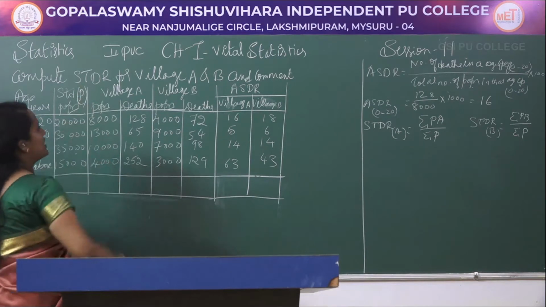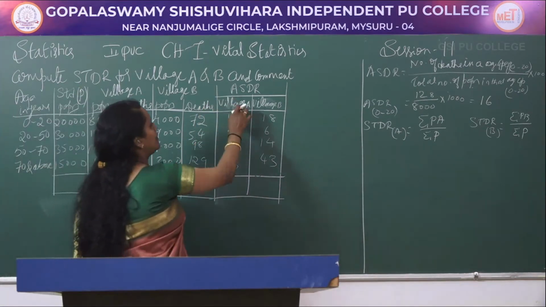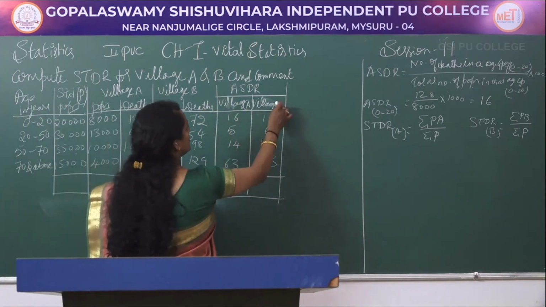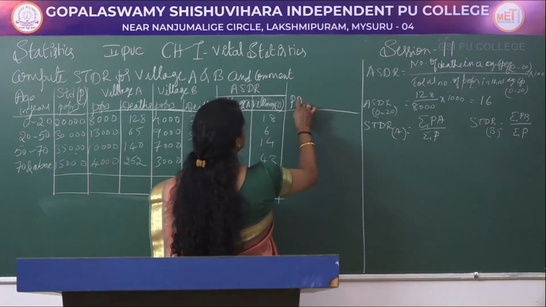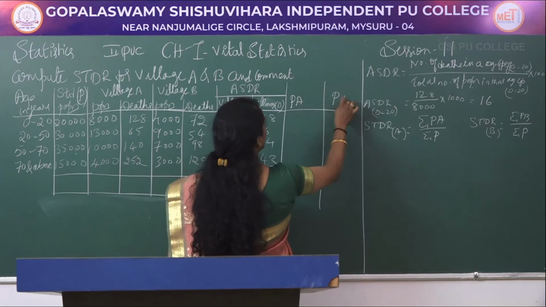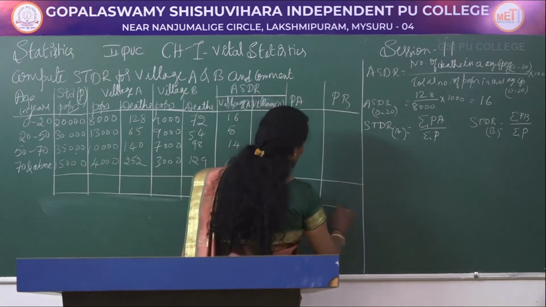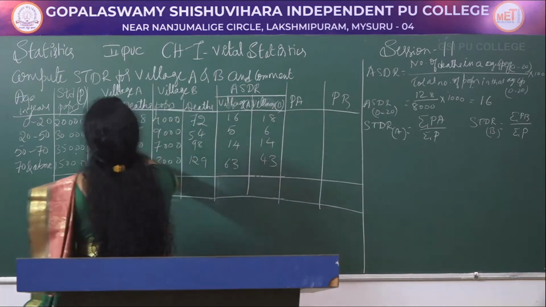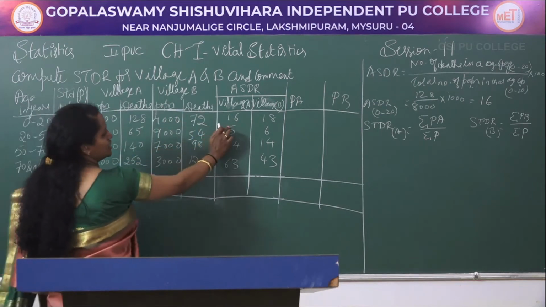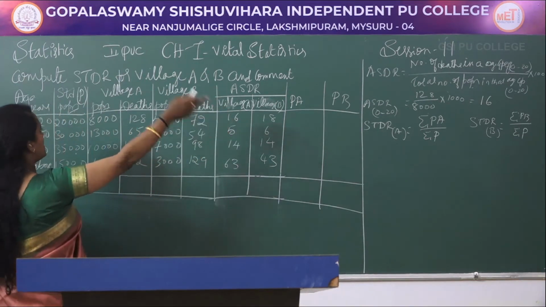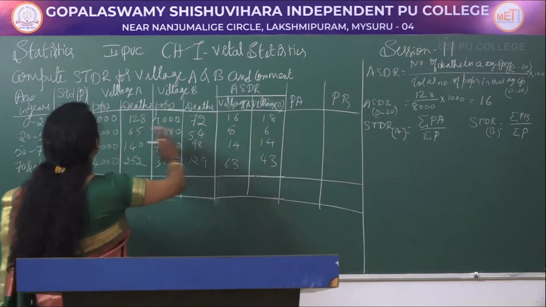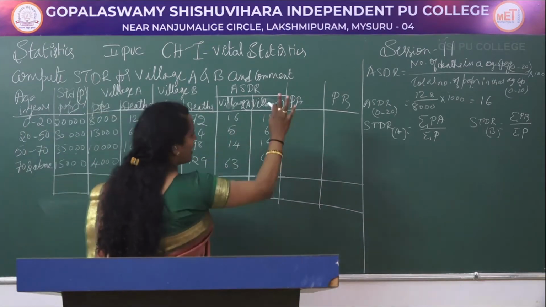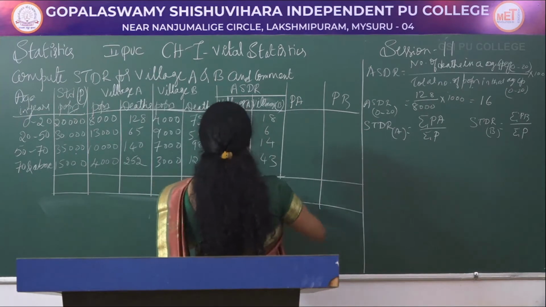Standard population we call it as P, and ASDR of village A it is A, and for village B it is B. Take the product of that, P into A, P into B. Okay, PA is standard population and ASDR of A, PB means standard population and ASDR of B. Take the product of these two, and I'll write the values for this.